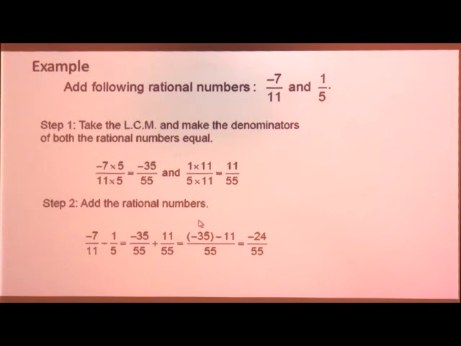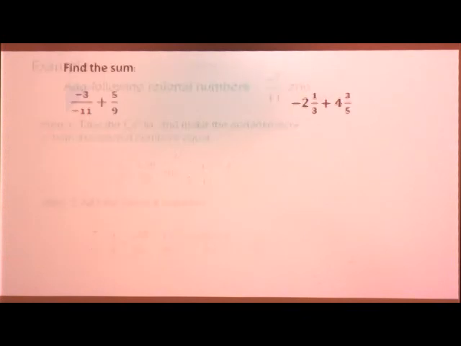Add the rational numbers. So, minus 35 upon 55 plus 11 upon 55 is equal to minus 35 plus 11 upon 55. In this way we get the answer as minus 24 upon 55.